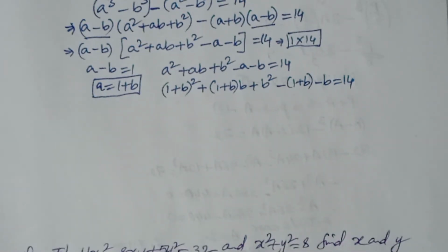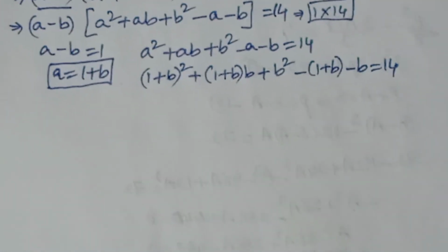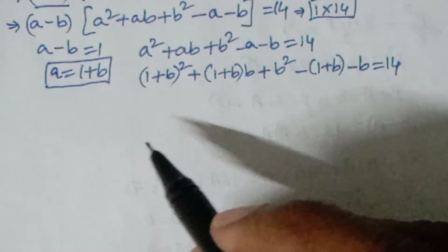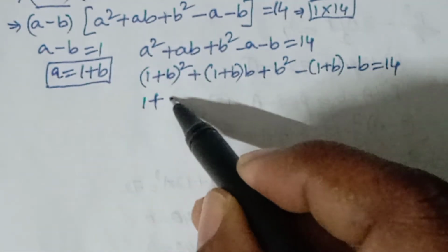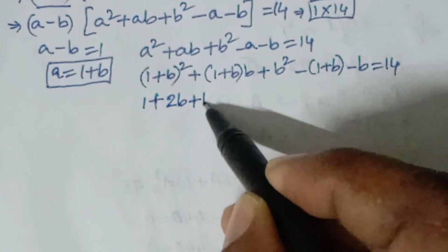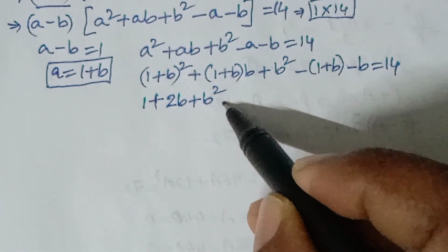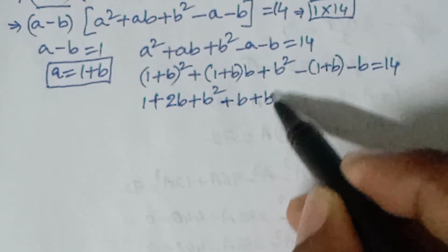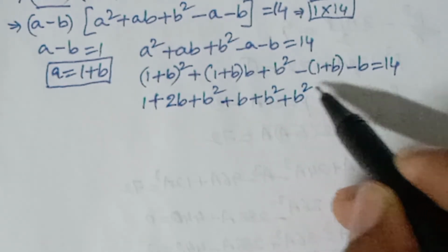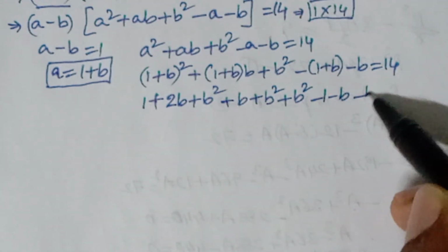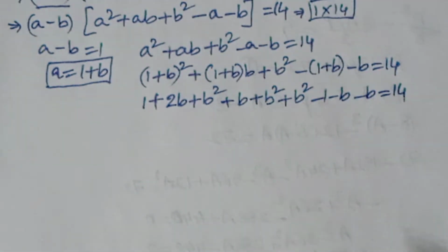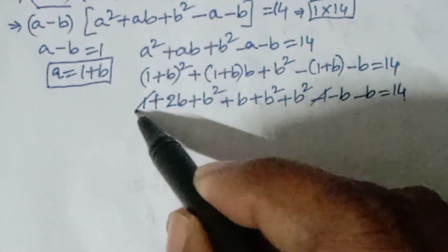So here what will we get: 1 plus 2b plus b square plus b plus b square plus b square minus 1 minus b is equal to 14.